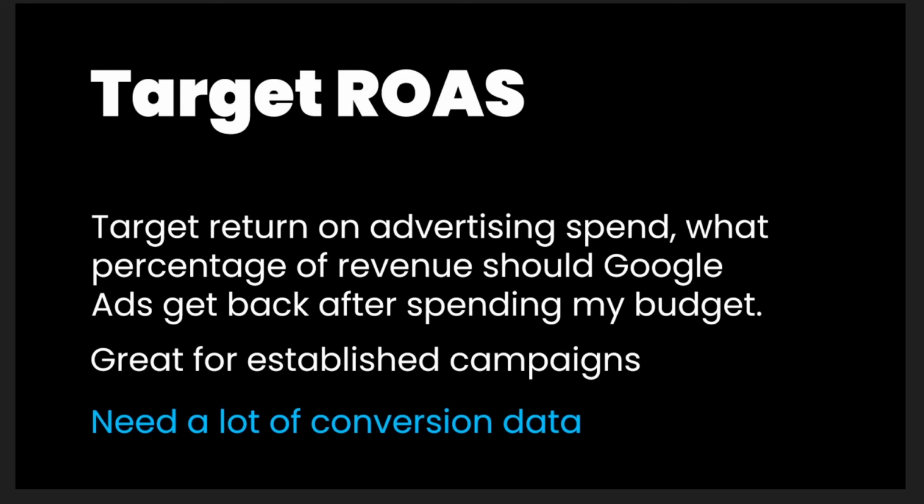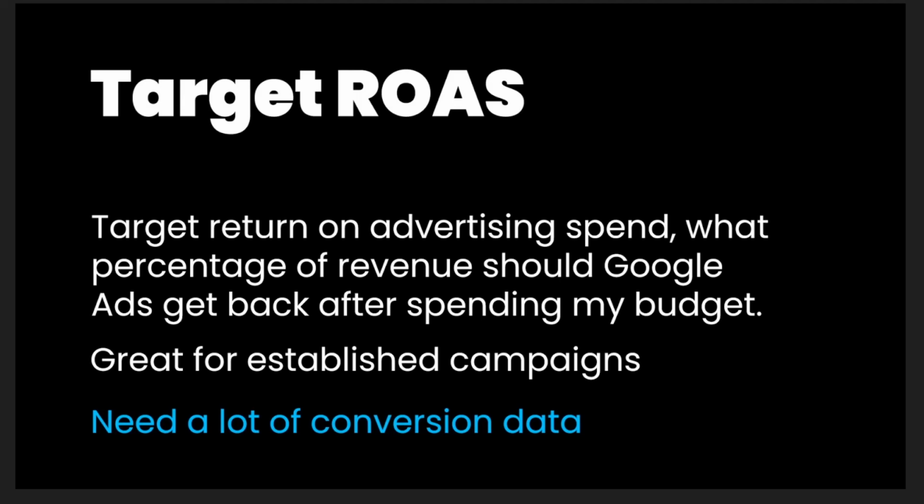Okay, so basically here you determine what percentage of revenue Google Ads should try and get back after spending your budget. This is great for established campaigns. So what I would suggest you do is maybe start off with manual CPC, get a couple of conversions under your belt, really know what you're doing with your bids, and then you can switch to target ROAS.